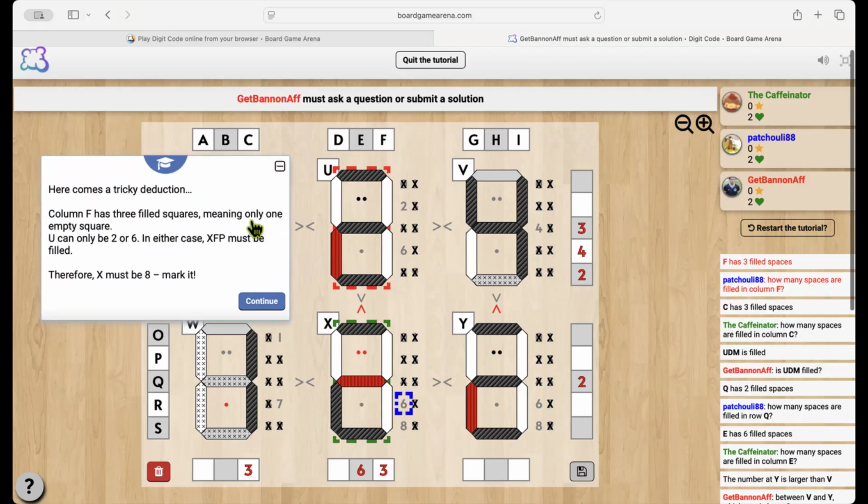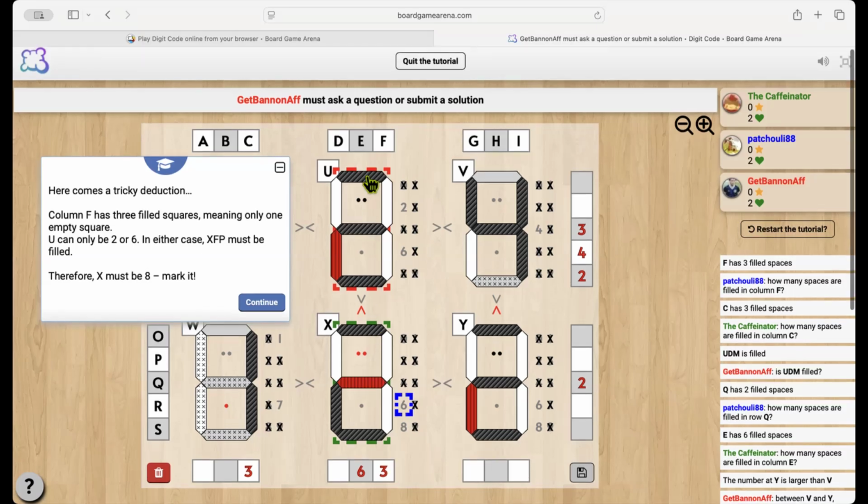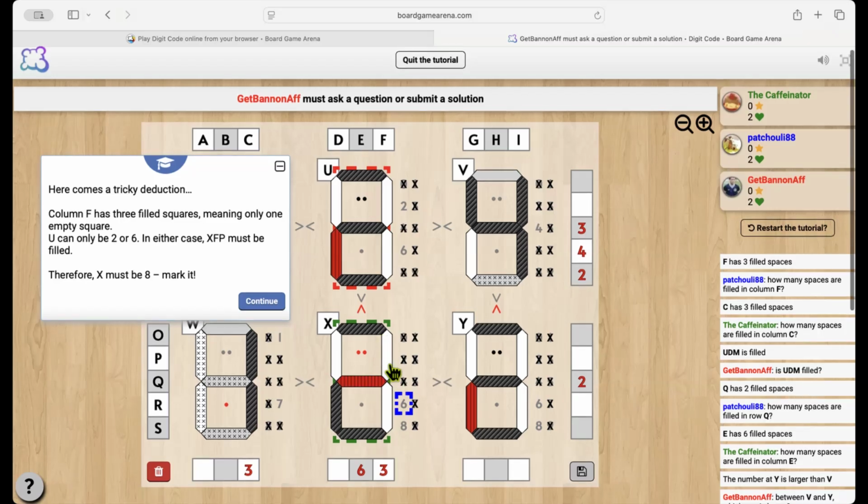So here comes a tricky deduction. Column F has 3 filled squares right here, meaning only 1 empty square. It can only be 2 or 6. In either case, XFP must be filled.